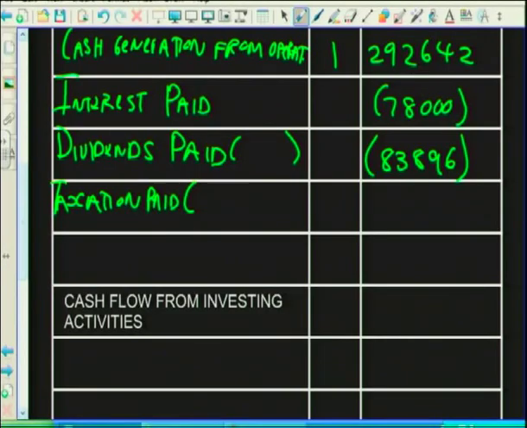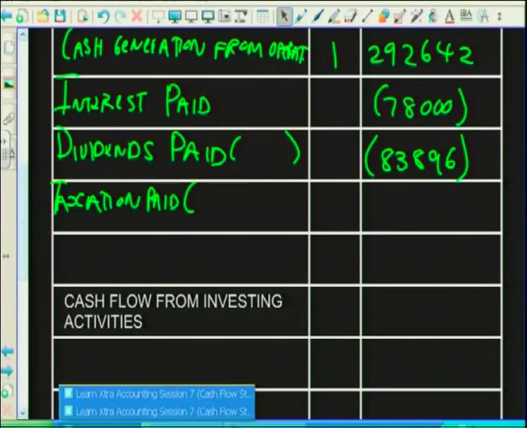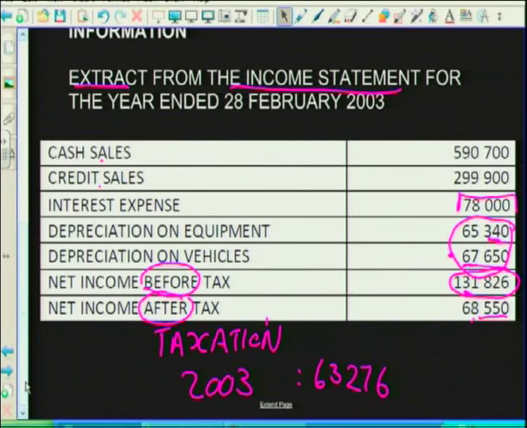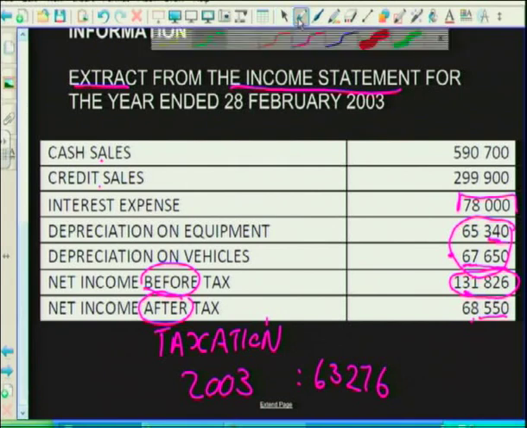I'm going to open brackets and let's now go to the relevant information with regards to taxation paid. Remember guys, I need firstly my tax that I owe for the current financial year, an amount of 63,276. So I'm going to start off with this amount.